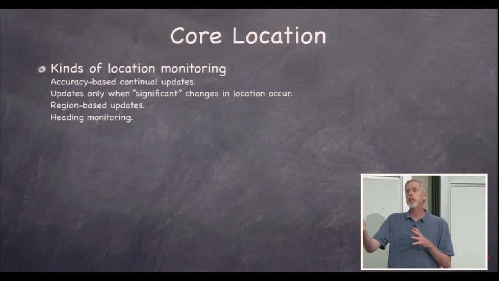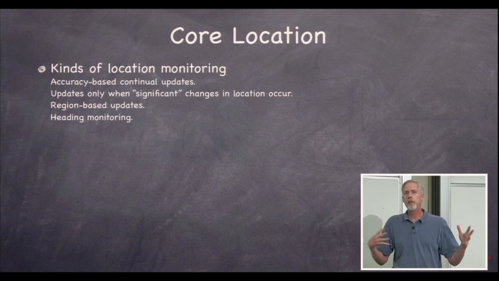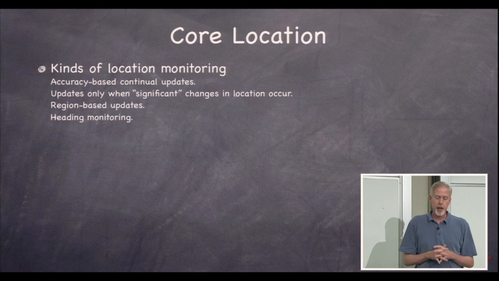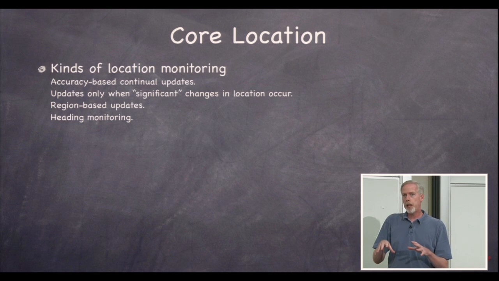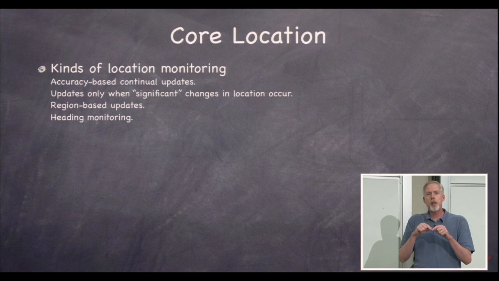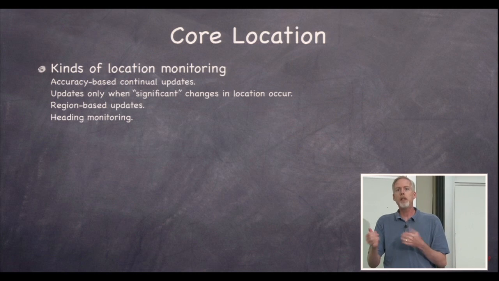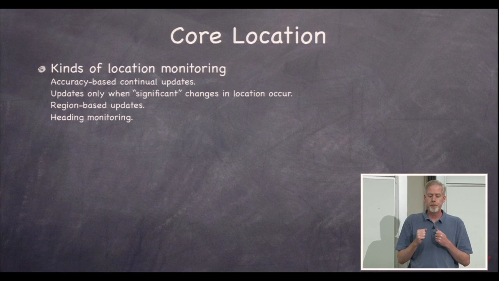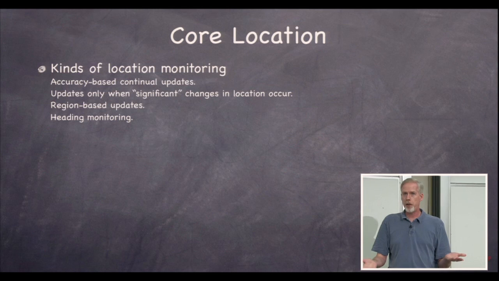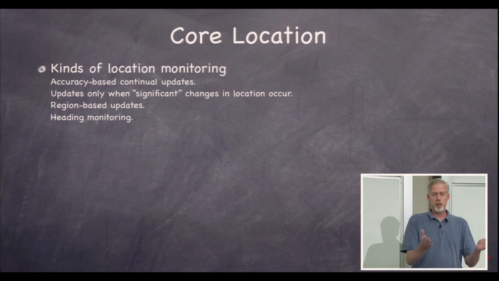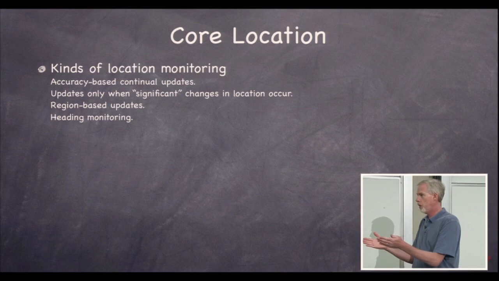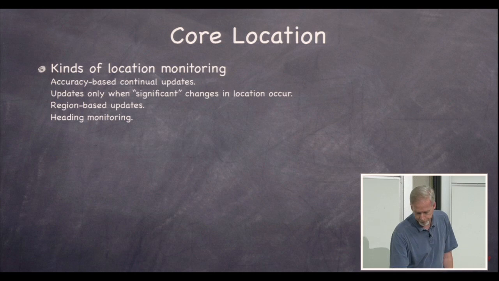This is basically moving to different cell towers, that level. And there's something really cool about that kind of updating. Then there's also region-based updates where you define a region on Earth, and when the person crosses into that region, you get an update. And then, of course, there's heading monitoring too. It'll just report when the person turns their device pointing in a different direction.